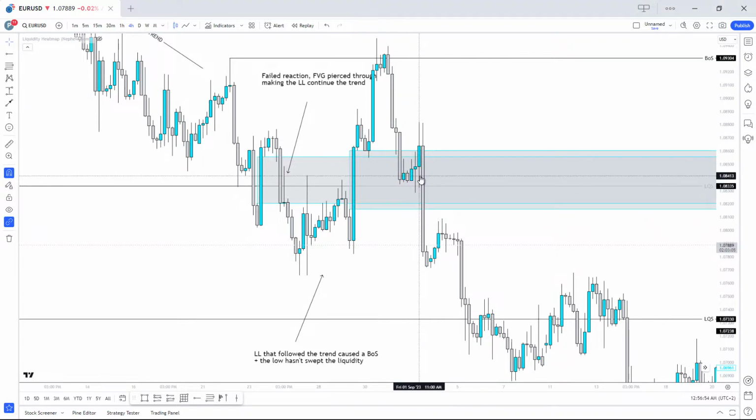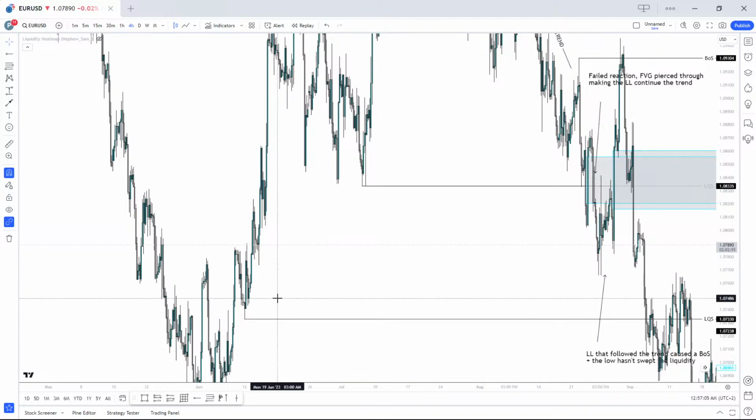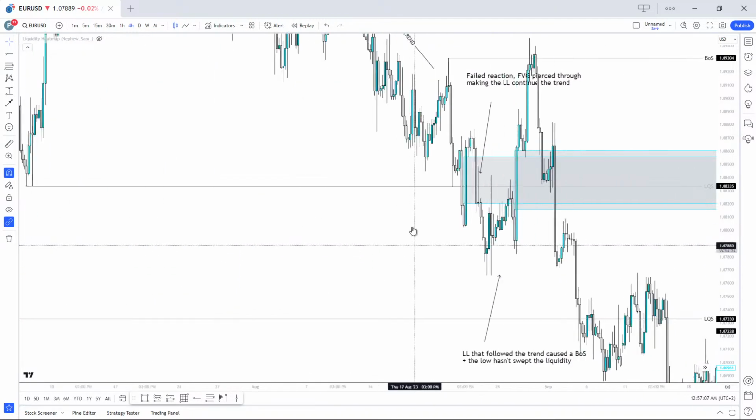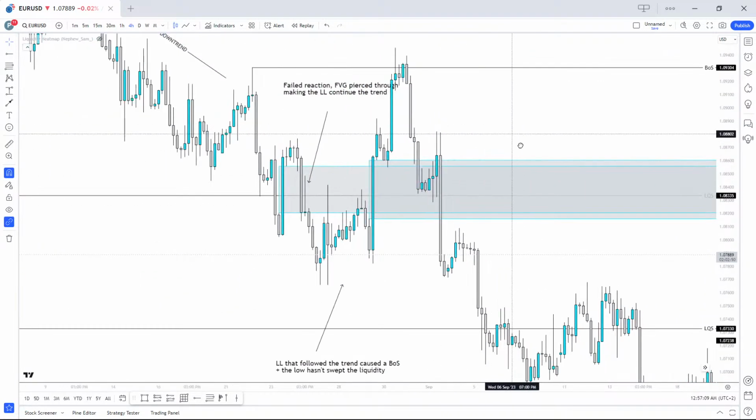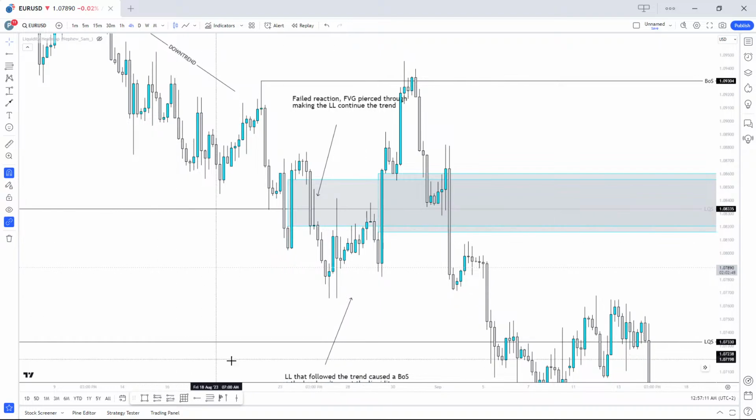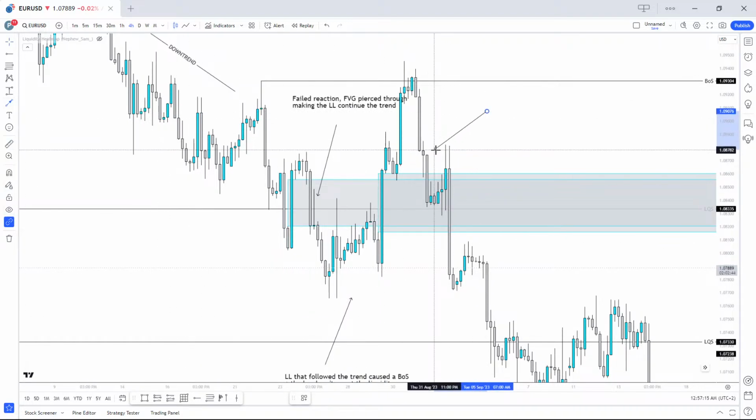So it made a retest, because whenever you normally see a break of structure like this, you would think it's a retest and it's about to shoot up. But in our case, this low didn't sweep the liquidity, and this is the valid concept right here. So this would be a retest on this fair value gap. I don't know.